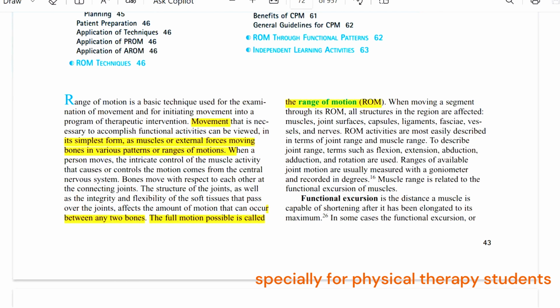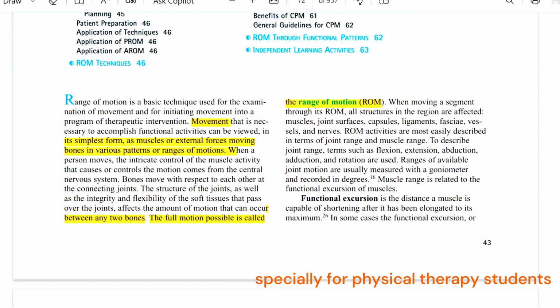But if the range of motion lies below that, it means the range of motion is not completely performed. There are some restrictions present. If it lies at 120 to 130 degrees, there must be some restriction or tightness in the muscles, or joint mobility issues, joint deformity, injuries, or muscular injuries.